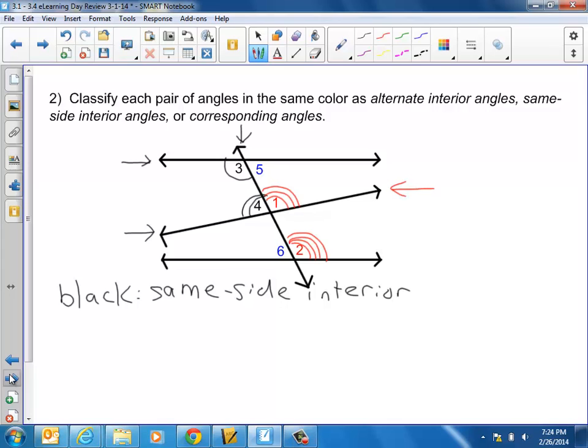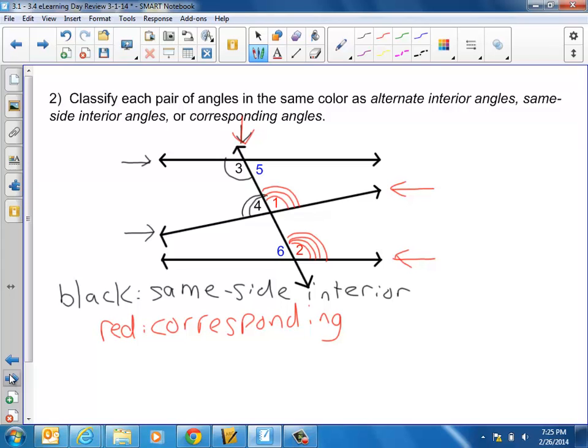Angles 1 and 2. The lines that kind of run side by side that form them are the middle line and the bottom line here. We've got the same knife right down the middle that cuts across those two. And angles 1 and 2 in red are corresponding. Check it out.